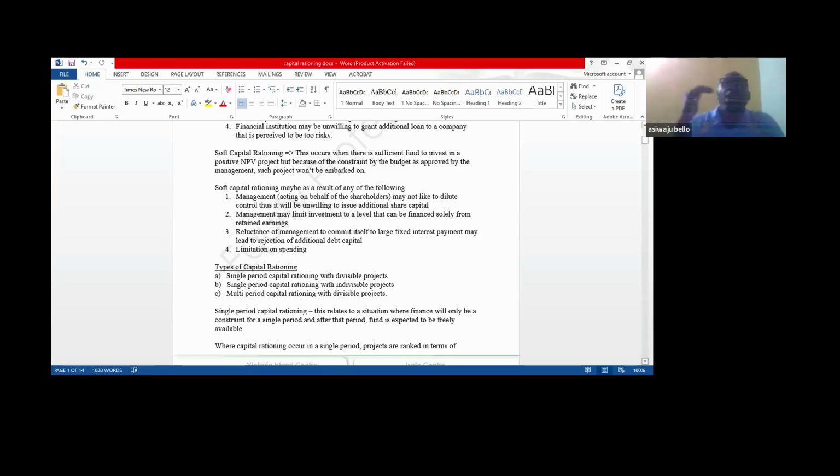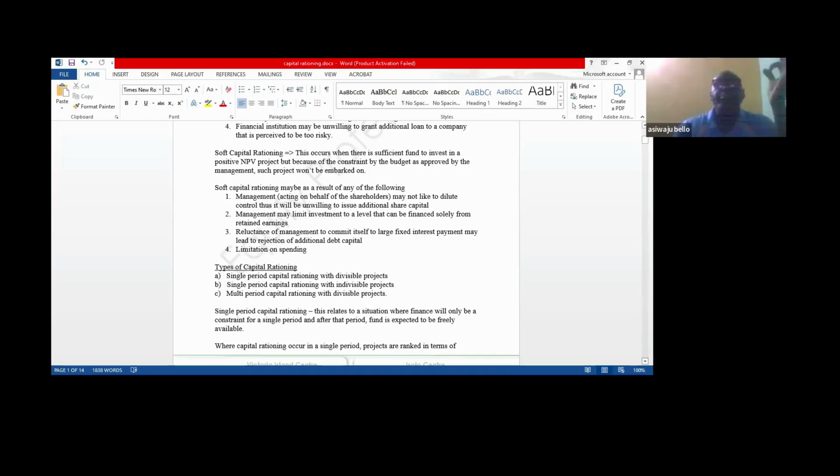We have a viable project, a project with positive net present value. But because we are trying to avoid dilution in control, we refuse to issue additional equity finance. It may be as a result of this that we give rise to soft capital rationing.